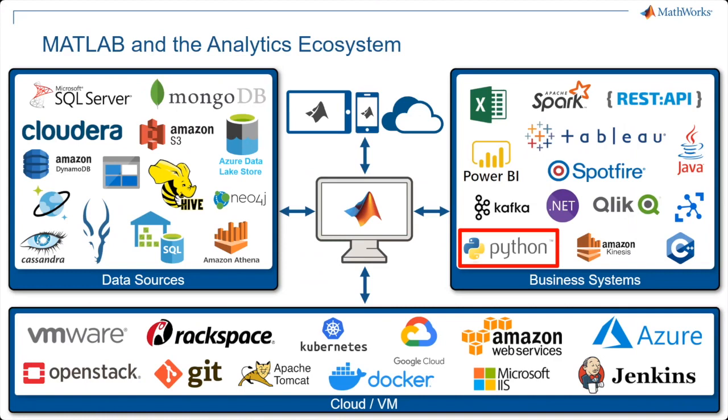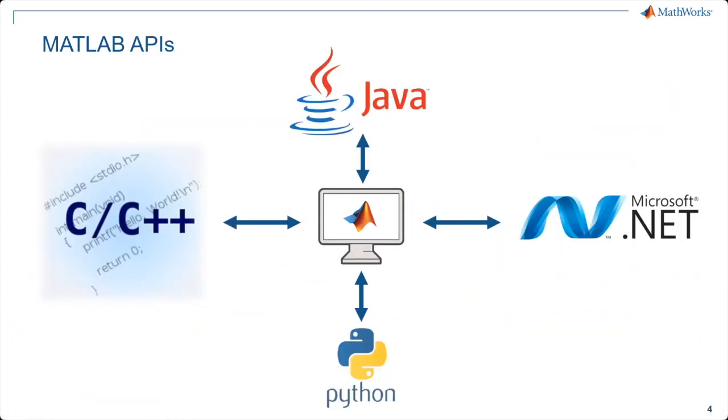Today we're going to talk about Python, but if you have other legacy code, for example C, C++, Java, .NET, you can also call it directly from MATLAB. MATLAB can call these functions and you can run them. In the case of Microsoft .NET, you have DLLs.